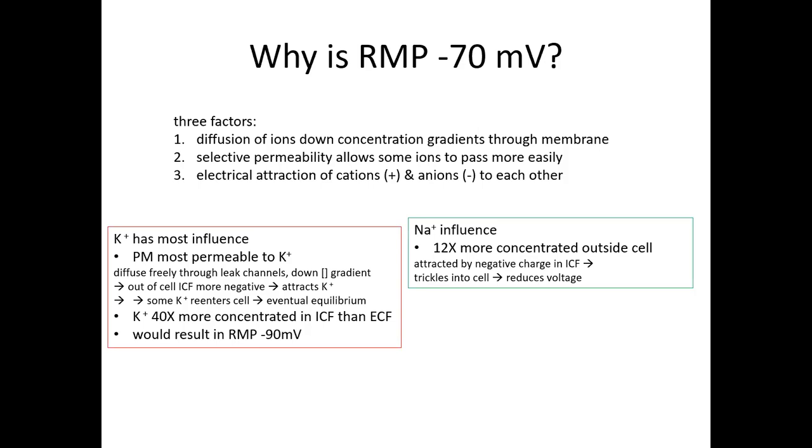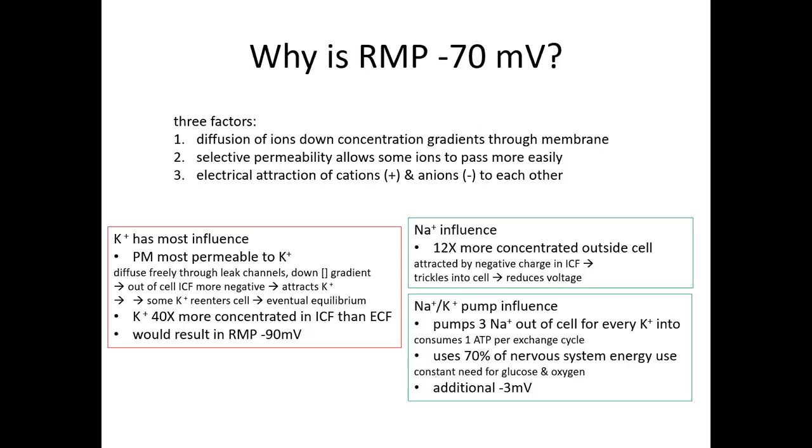That brings us to the influence of sodium. As opposed to 40 times more potassium being inside the cell, there's about 10 to 15 times more sodium outside the cell. Because it's attracted by negative charges inside the cell, it will trickle into the cell, reducing the voltage. That would bring the voltage back up someplace closer to -75 if those were the only 2 influences.